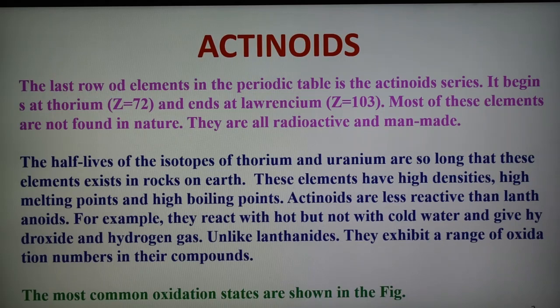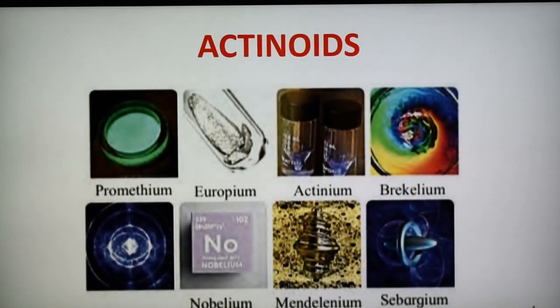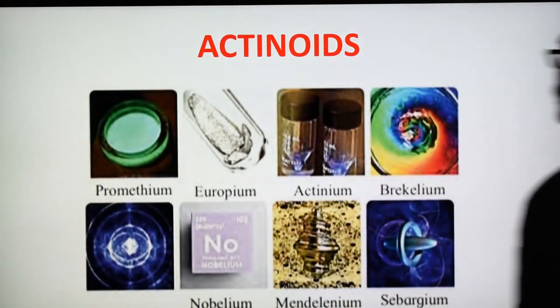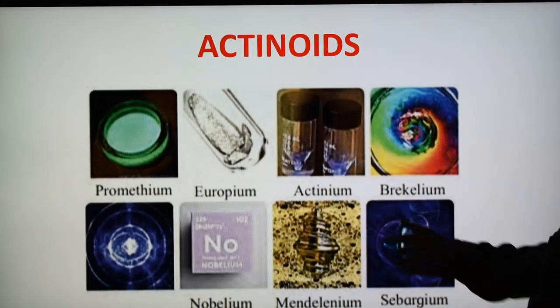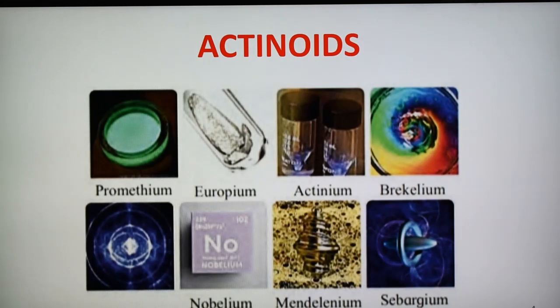Some properties are given here that we are going to see about actinoids. One picture is shown of the nature of these metals, with different colors and their nature shown for the elements.